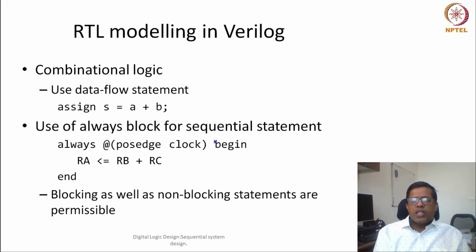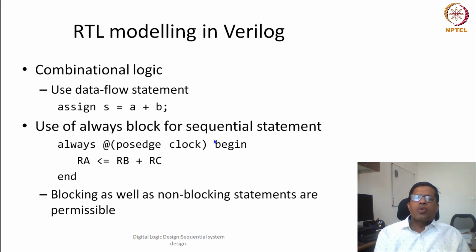So if we have to design this kind of an RTL model in Verilog, the way we have been designing so far, that means using data flow statements and structural modeling, that's all the way of RTL modeling. So all the combinational path can be modeled using data flow statements or structural statements.